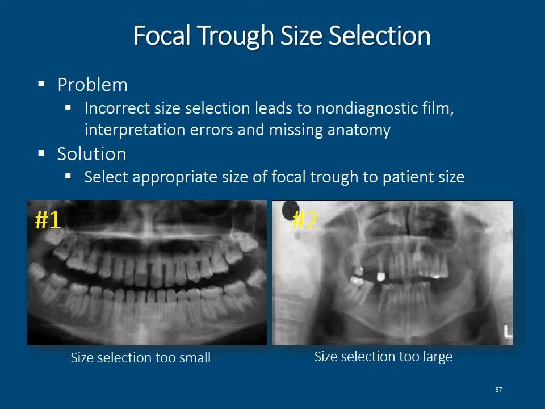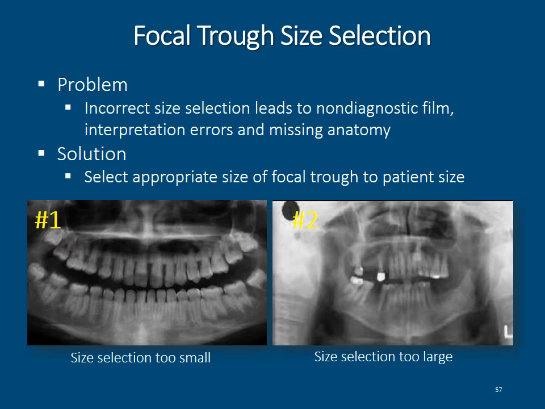The problem with choosing the wrong focal trough will affect your image diagnostic quality. In image 1, you will note that it is quite large. The occlusal planes of the teeth, the actual teeth, are taking up the entire image. There's no anatomy on either side of the molars. In image 2, you'll note there is so much head and neck anatomy that we've got a large area of the cervical spine in the image, illustrating a very tiny mouth, and this size selection was too large for the patient.